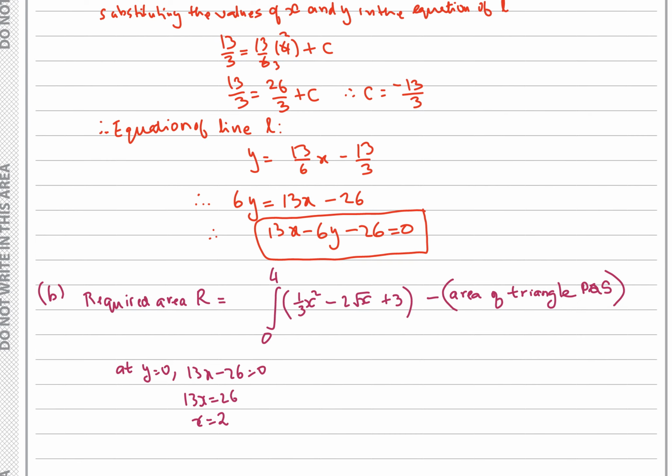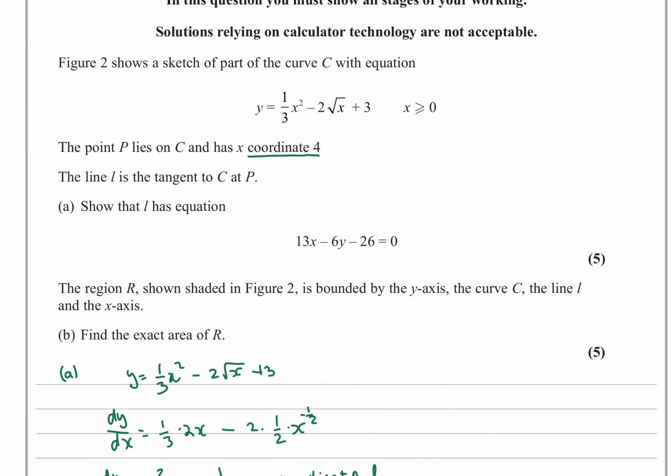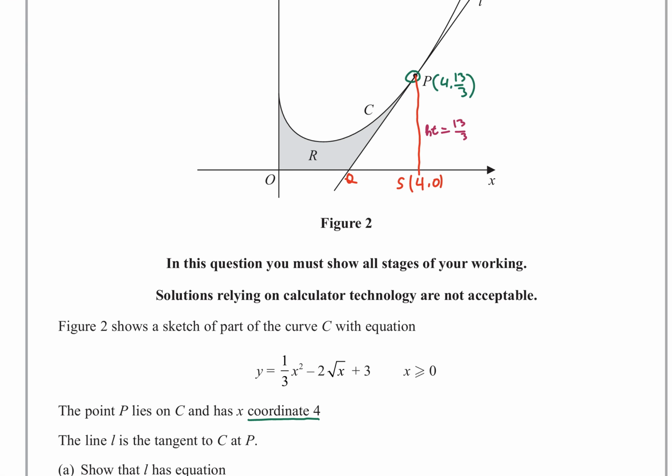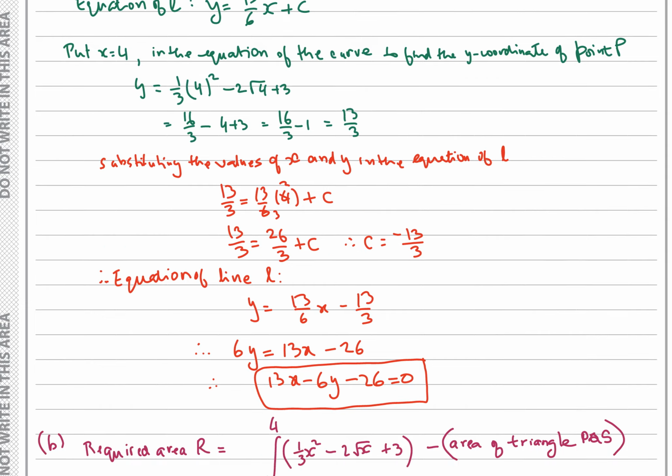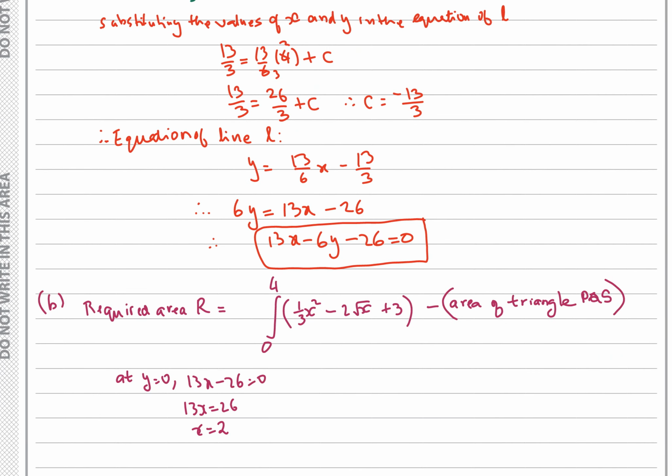So the point where the line L touches the x-axis is 2, 0. Hence the coordinates of the point Q are 2, 0.